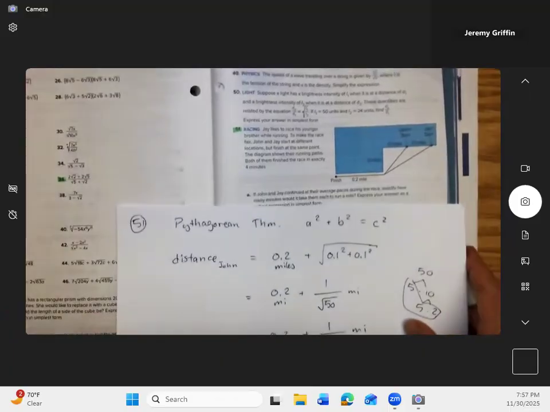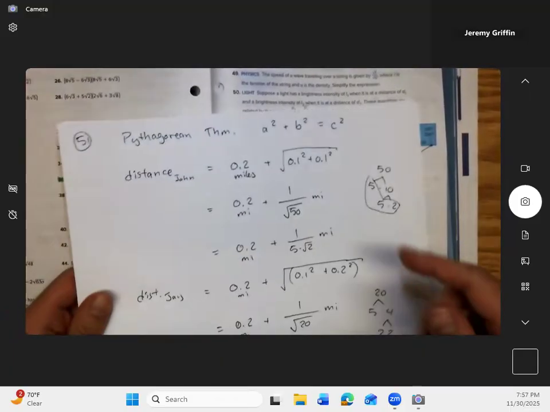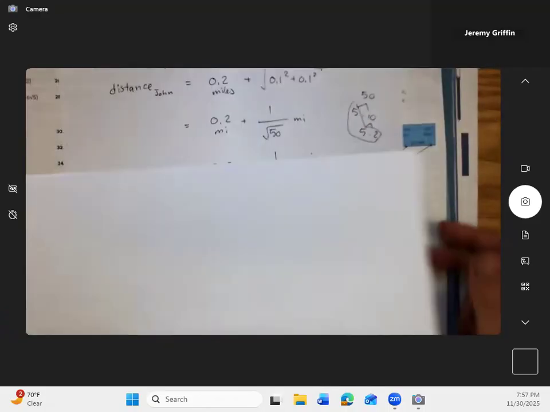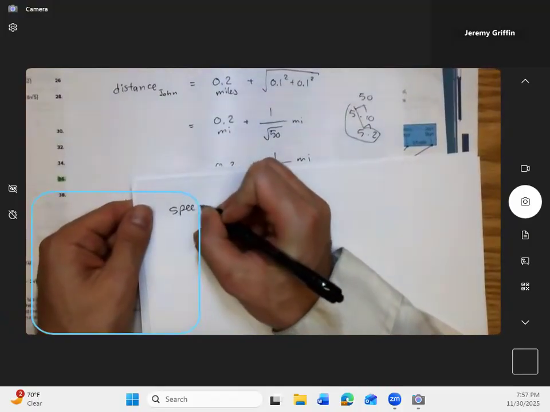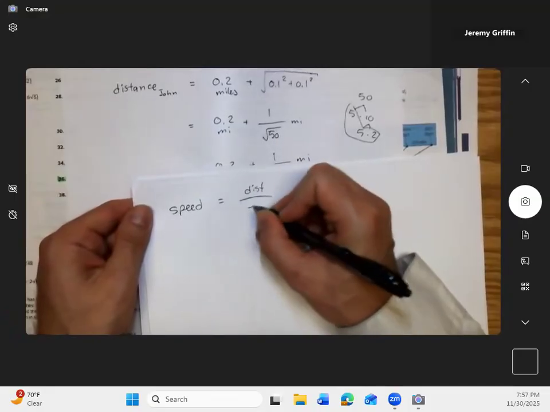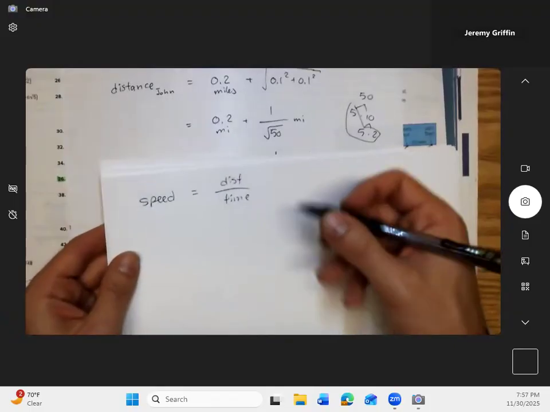We want, what's the question here? How many minutes? I'm trying to figure out how fast they're running. They each ran this in 4 minutes. So speed is distance compared to time, like miles per hour, meters per second, in this case, miles per minute.